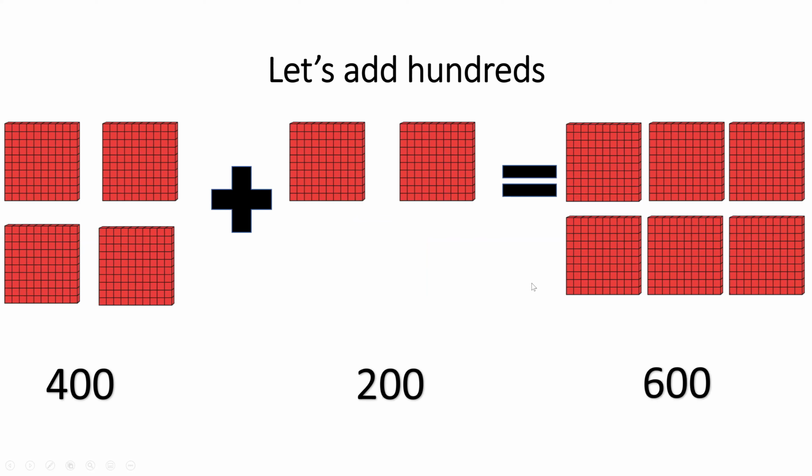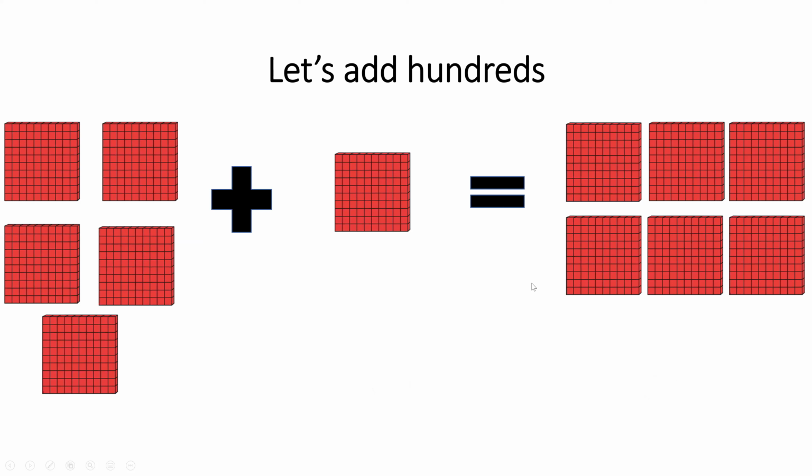Great job. Let's do another one together. Are you ready? Count with me. 100, 200, 300, 400, 500 plus 100 equals 100, 200, 300, 400, 500, 600.